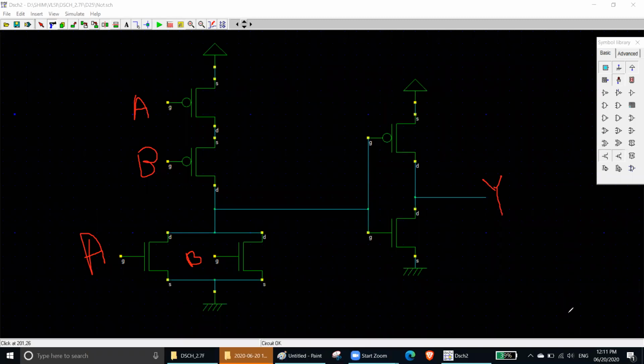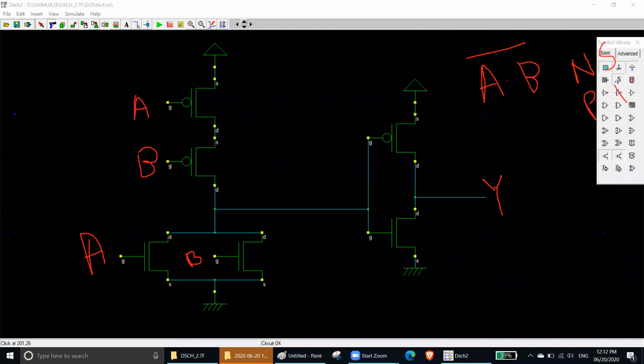Now, what is happening here? Before, when our equation was A into B, that means NAND, right? A into B bar. That time, our NMOS was series, right? Our NMOS was series and our PMOS was parallel.